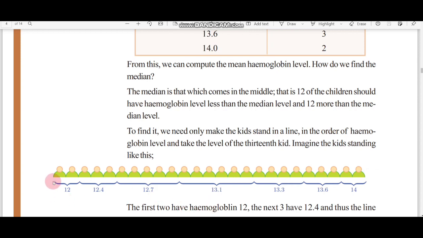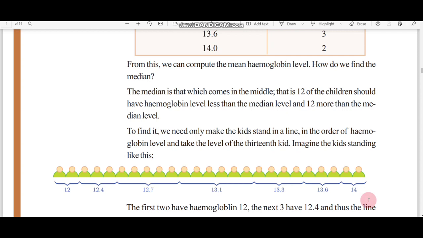Here you can see all the children arranged in a line. Then what about their hemoglobin level? It is 12, 12.4, 12.7, 13.1, 13.3, 13.6 and 14.